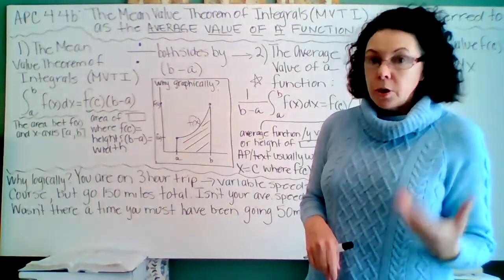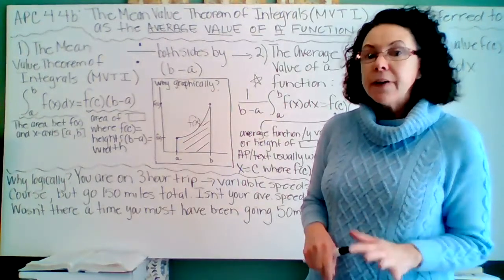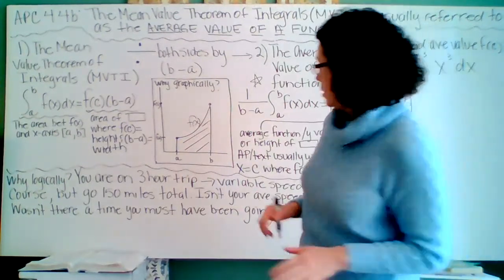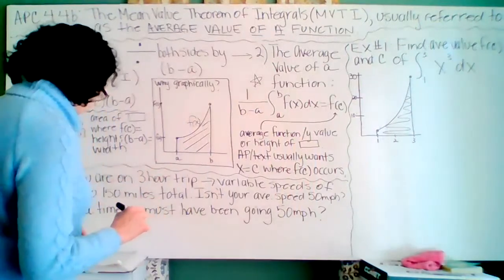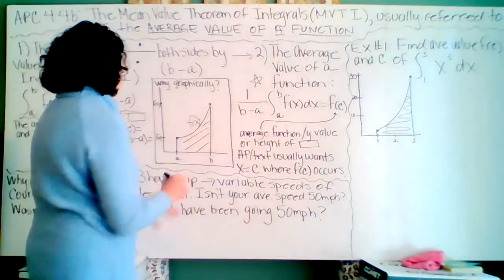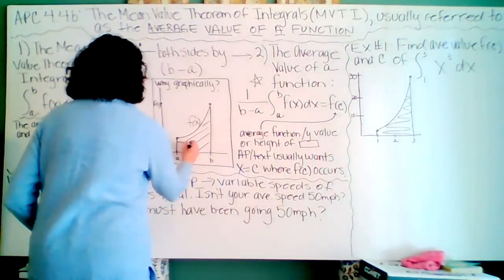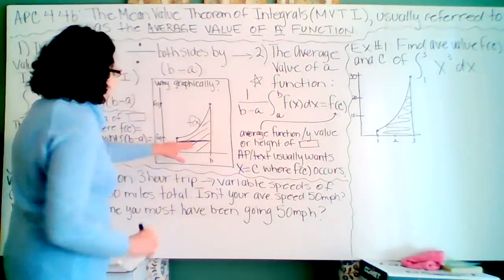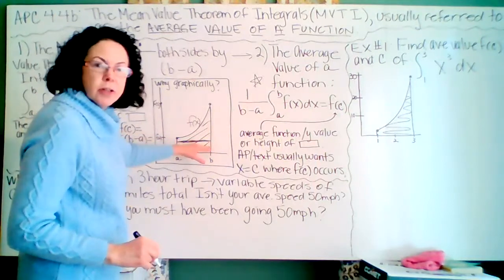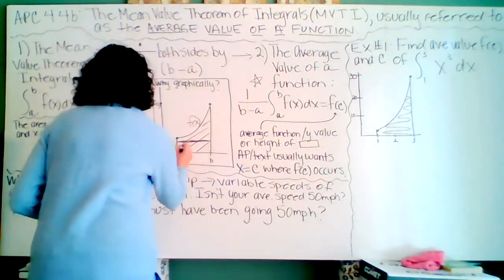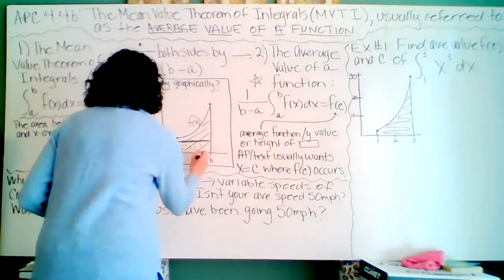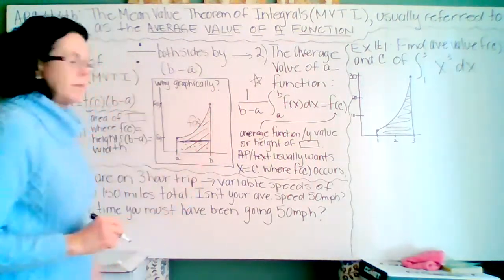Notice that if I made a rectangle from a to b below f of x, so let's say I made it right here, every value of this constant function is underneath that function.